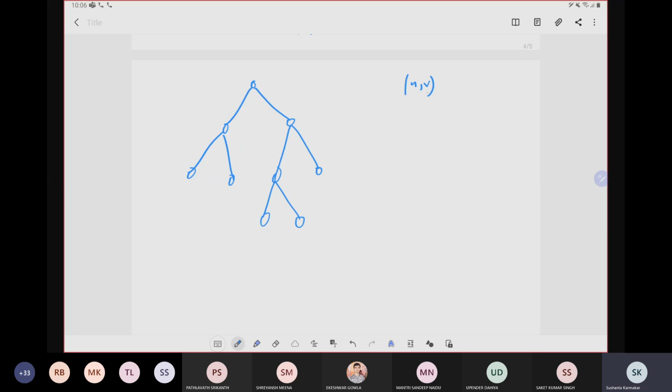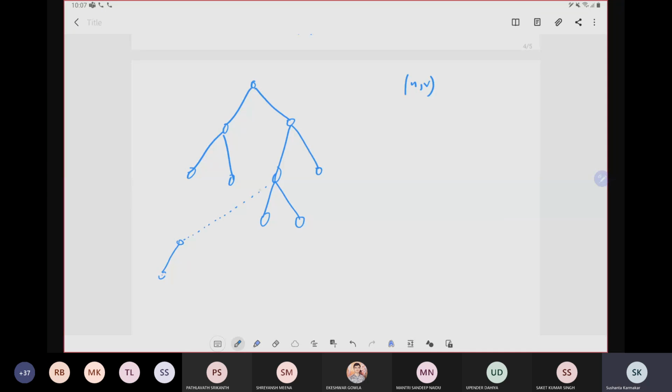Now what happens? Let's say this is the intermediate structure. Up to this point, the unions have happened. It is because of the unions that the structure looks like this. Now let's say there is some other component here, and there is also an edge here.